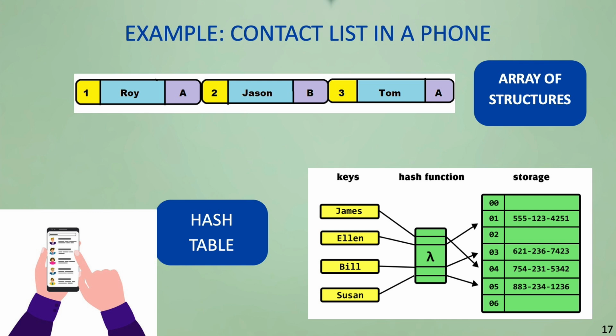On the other hand, the same contact list can be implemented with the help of a hash table, which we discussed before. A hash table is just a storage. We have indexes and the associated values. Given a key, here the key is going to be the name of the person you want to retrieve from your contact list, you subject the key to the hash function, and the hash function will give you a match to the respective index in your storage.